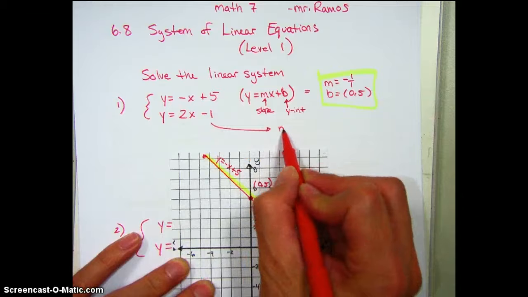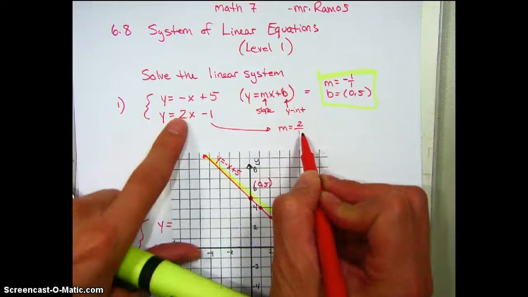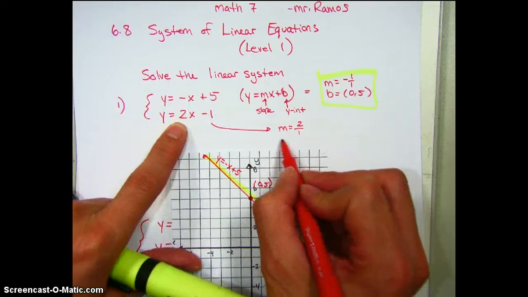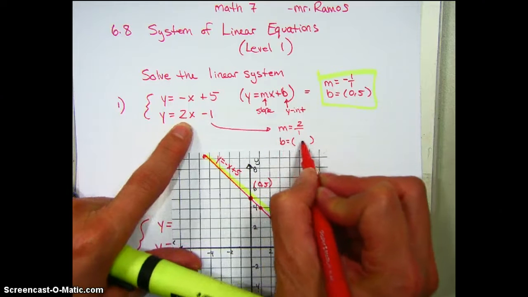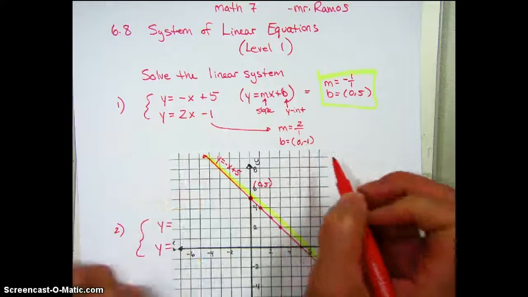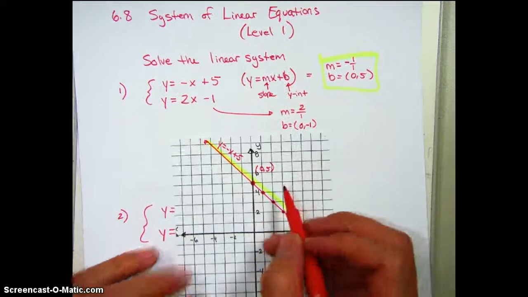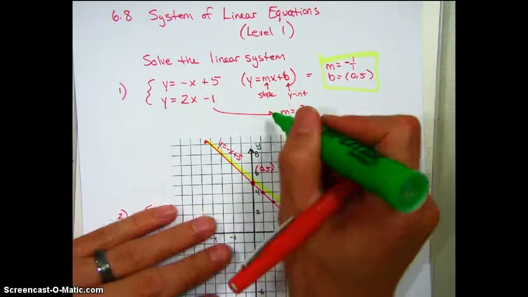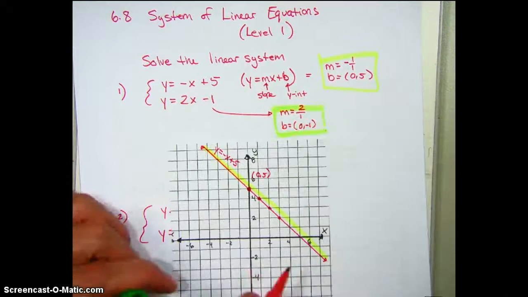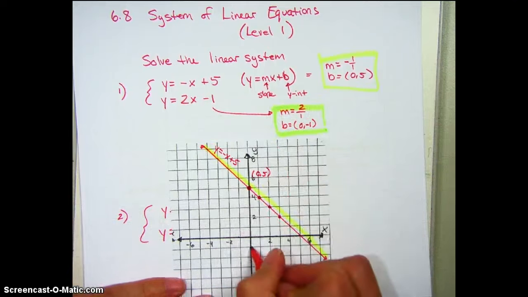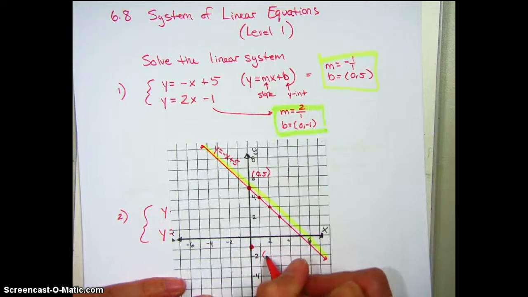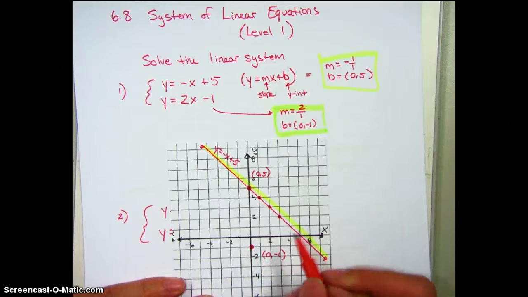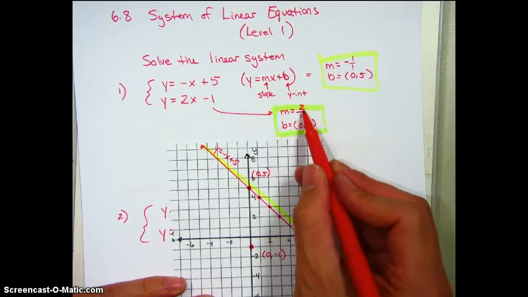Now for the second part, this one here. I can tell you that the slope is 2 over 1. I look right in front of my x to find that. And my y-intercept is going to be 0, negative 1. So I'm going to begin at 0, negative 1, which is right here. From there, I'm going to move up 2 over 1.